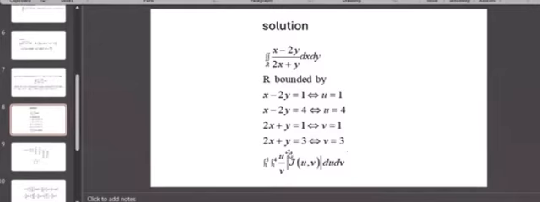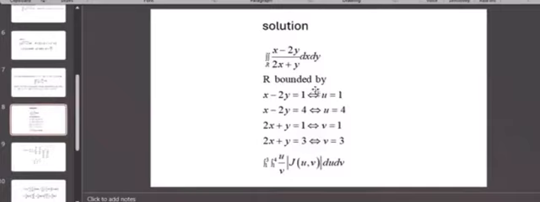All right. So now the numerator x minus 2y is our u, and 2x plus y is our v. So we have u over v. And then we have to compute the Jacobian, the absolute value of the determinant of the Jacobian matrix.